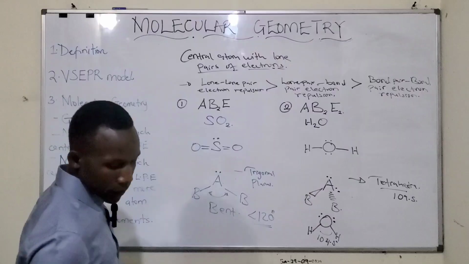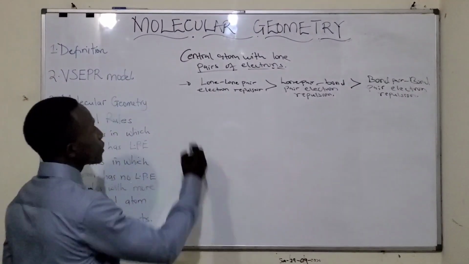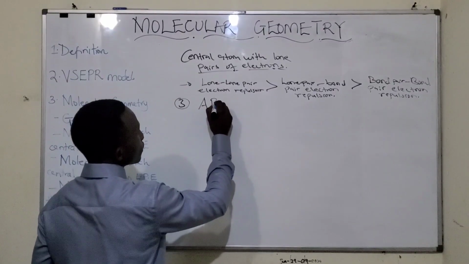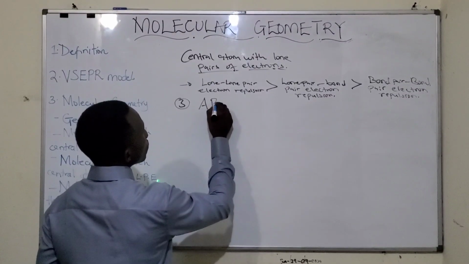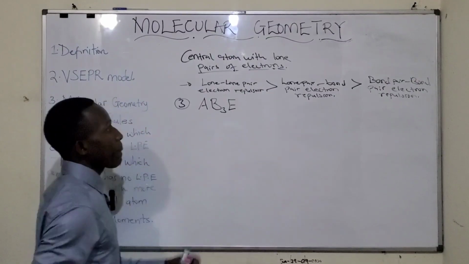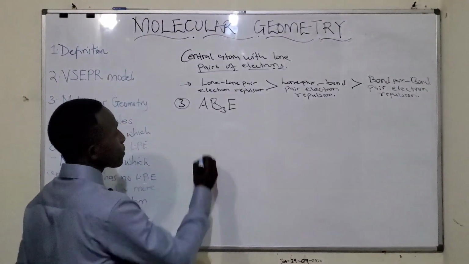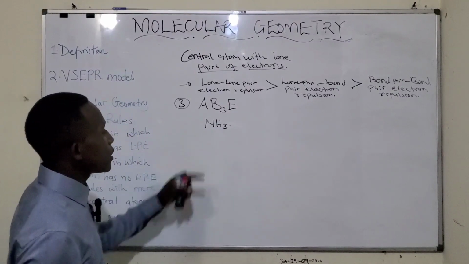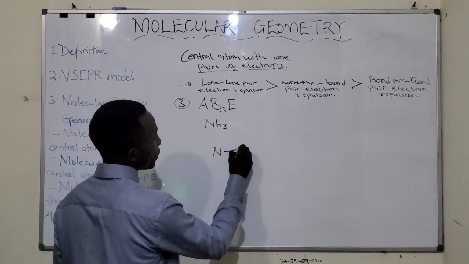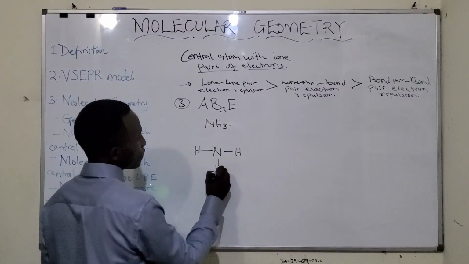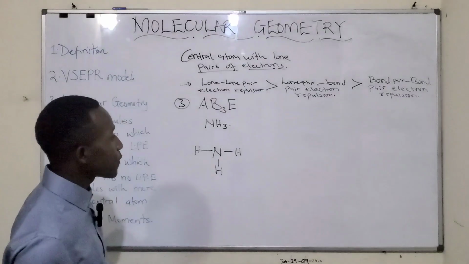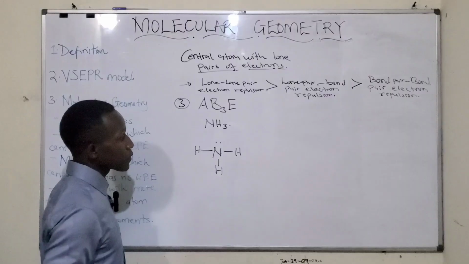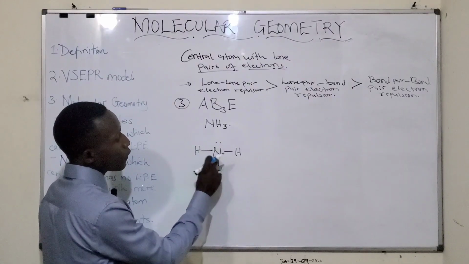Let's have another example, which is example 3. If a central atom is attached to 3 other atoms with 1 lone pair on the central atom. An example is ammonia. This ammonia, nitrogen is attached to 3 hydrogen atoms. And remember, nitrogen has 5 valence electrons, meaning that you have lone pairs remaining because these 2, 3, 4, 5.